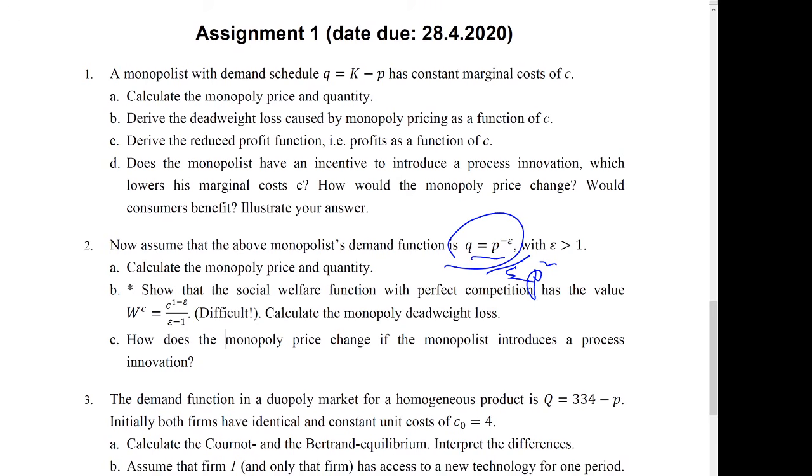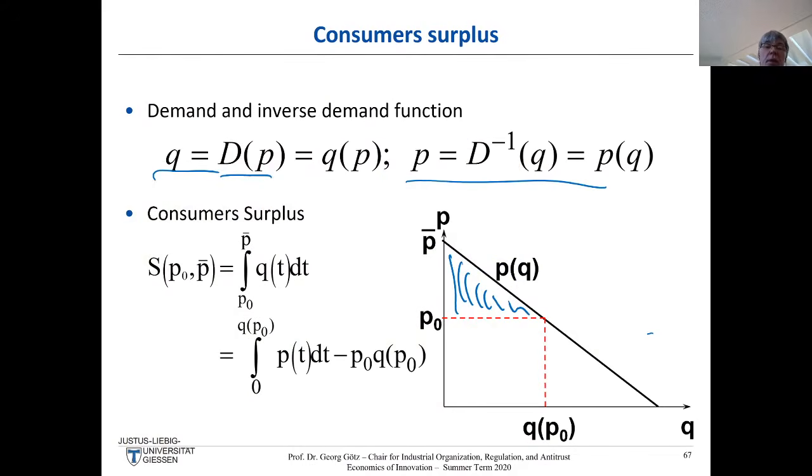Okay, there it's no longer a triangle, and therefore, if your demand function looks like a hyperbola, you need to use the integral. And I erase it again, okay? Because here I want to illustrate these integrals, how you get from the diagram to the integrals.